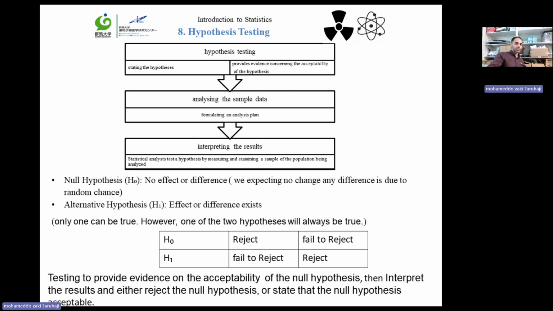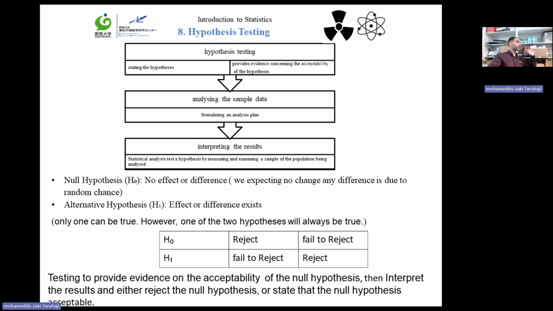So I have to analyze my data, look at the result of my experiment, and see whether this result agrees with my hypothesis or not.